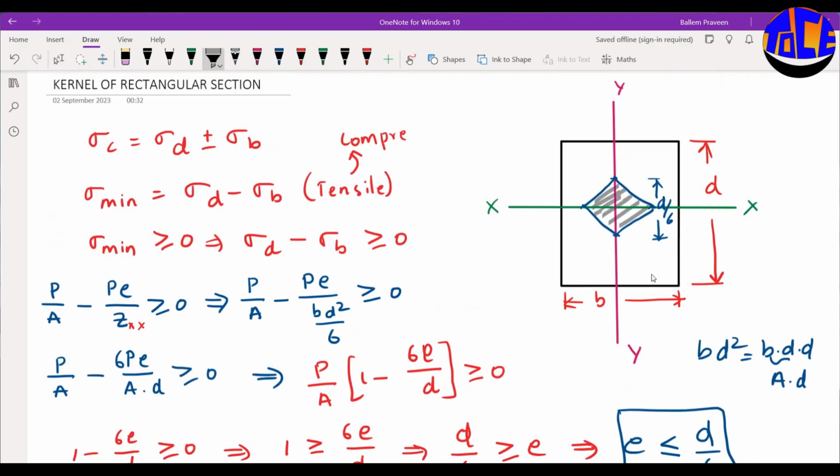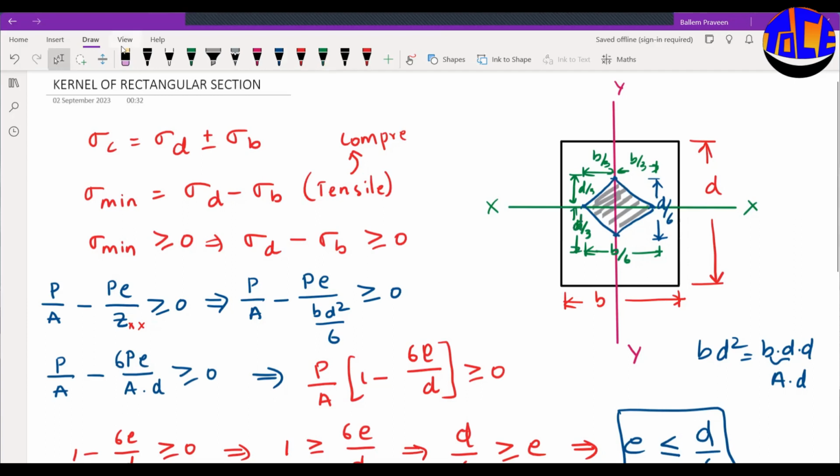If you place the load within this region, there will be no tensile stresses generated. This is b by 6, so overall this will be b by 3, and this will be d by 3. That is the reason this is also called the middle third rule.